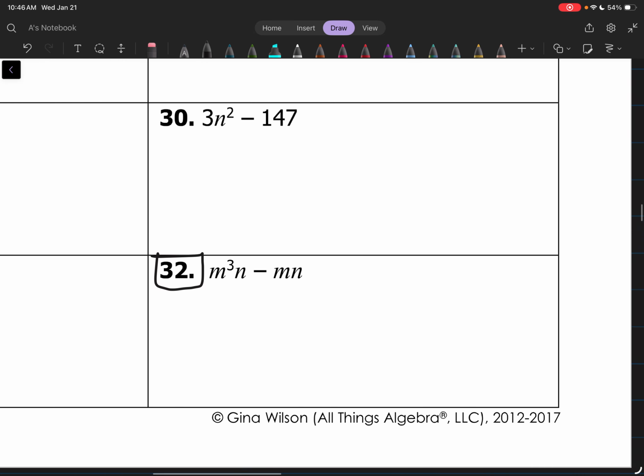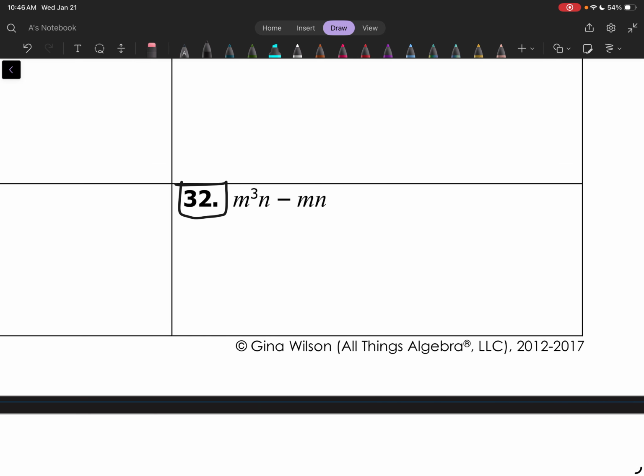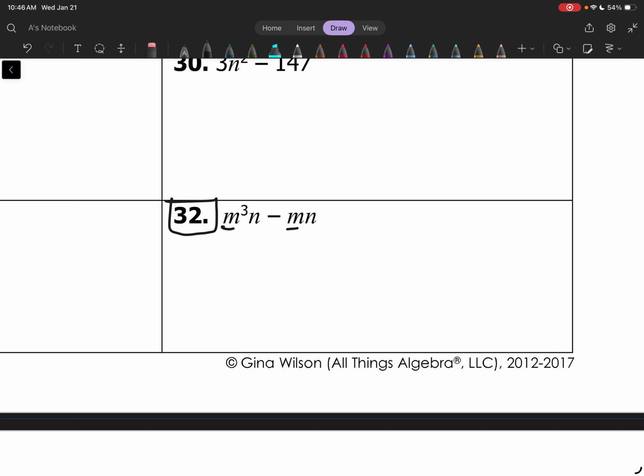Now, number 32, I wanted to show you because I have no constant term, or no coefficients. So, m cubed n minus mn. I have an m in both terms, and I have an n in both terms. The lowest power of m is 1. The lowest power of n is also 1. I had 3 m's, I pulled out 1. I have m squared remaining.